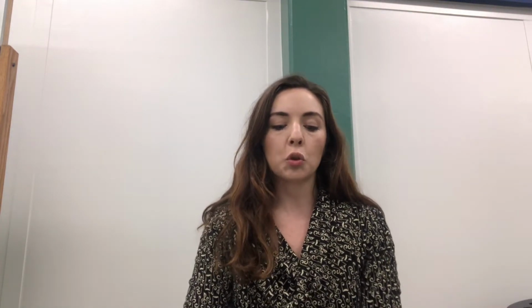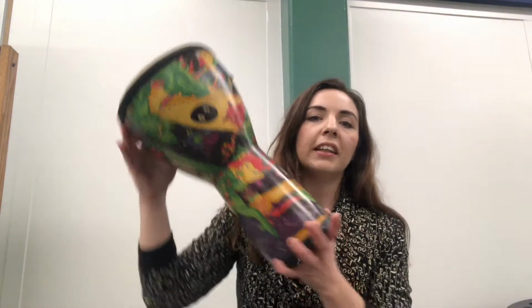One important instrument is a drum called a djembe, and the djembe was developed in 1200 AD, so it's a very old instrument. It is 820 years old. Here is something that would be close to what a djembe would look like.